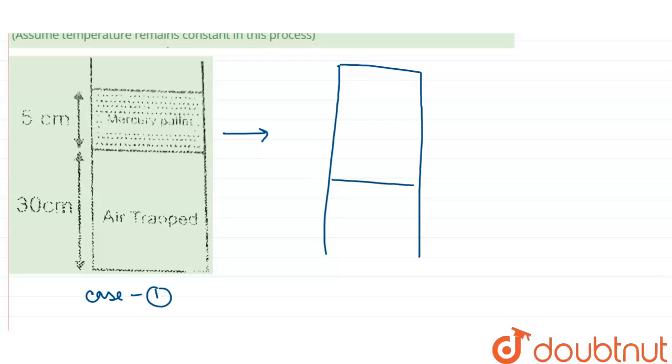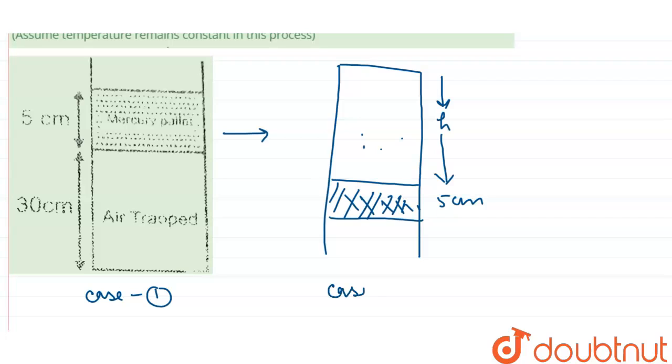Now our air pellet is here, our mercury pellet is here of the same height, that is 5 cm. This is the air trapped, and we have to find out the height of this air trapped. This is case second after inverting.